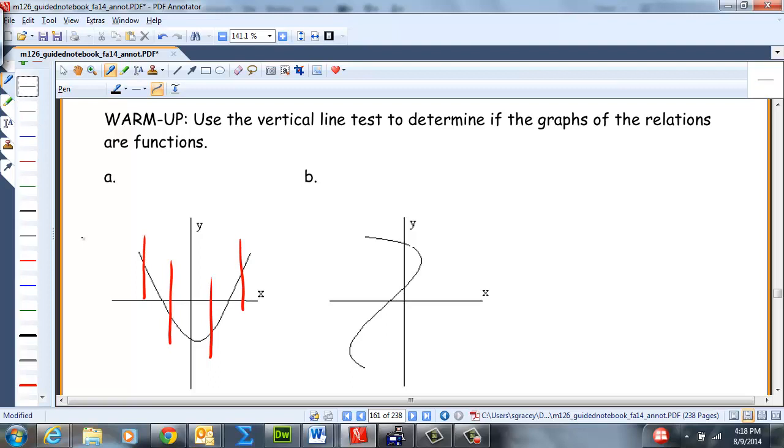So for part A, we would say yes. And what about part B? You see it fails in infinitely many spots. It's crossing in two spots in these three examples, right? Crossing through two ordered pairs. So this one is a definite no.